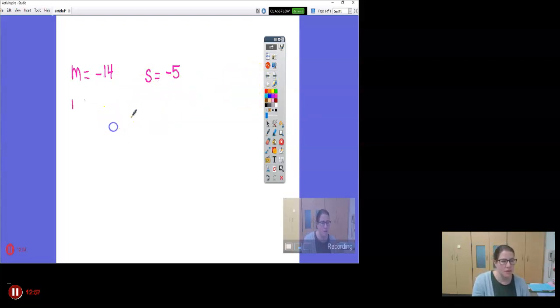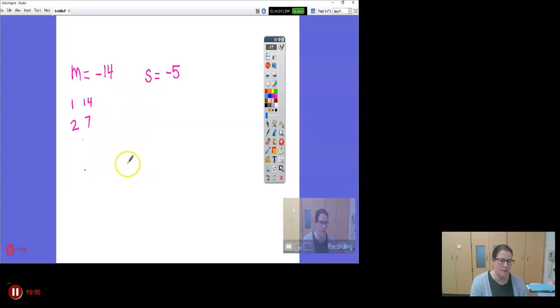So the options for 14 are 1 and 14, or 2 and 7. Now I know that one of these numbers has to be negative because the result is negative, right? And if I multiply two numbers together and get a negative, that means one of my original numbers would have been negative.